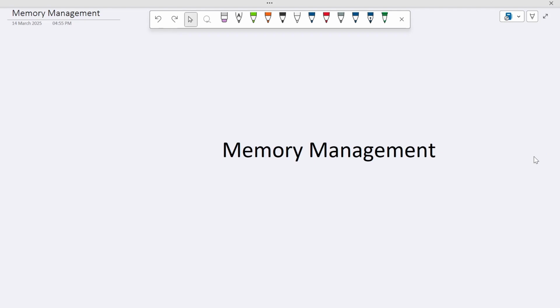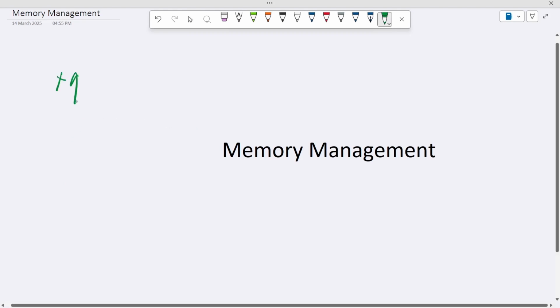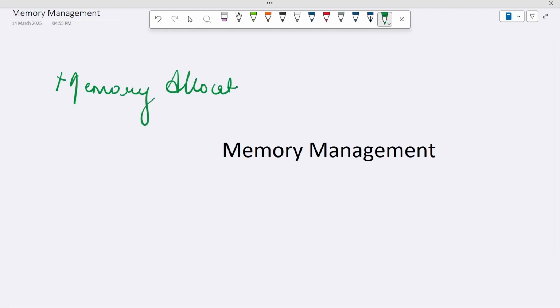Moving forward, to understand memory management, we need to understand some of its functions. There are three functions of memory management. Function number one is called memory allocation. Memory allocation means how we allocate the memory to a new arriving process.